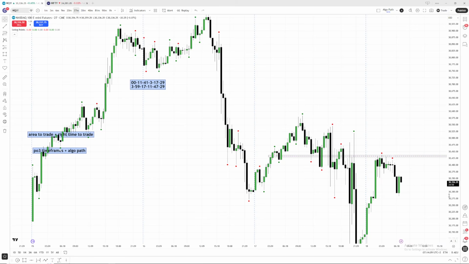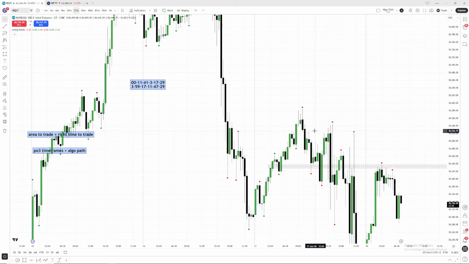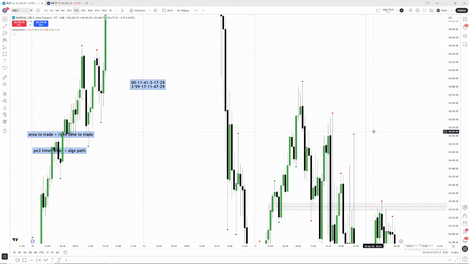Now the same thing you do when the market is falling. So there is this tiny gap here. I think so. Or no, there's no gap here. Okay. There is this inverse volume imbalance where the price comes and then drops. Okay.